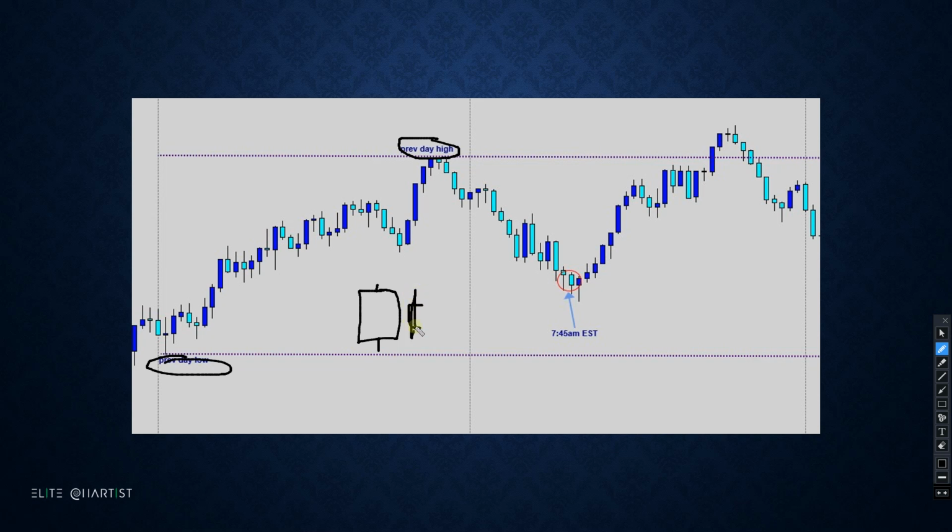This is moving in between what I'm calling a range, the range of the previous day high and low, which I should actually have the wicks marked like that. That's the high and the low. But we're trading inside of this range. Even if we poke out and come back in, we're still inside of the range. So we're treating it almost like boundaries.